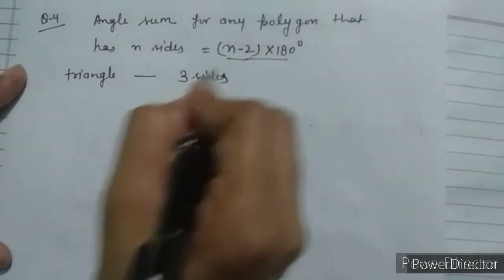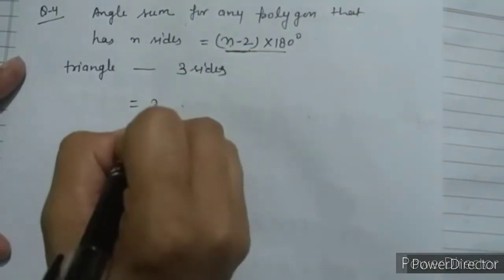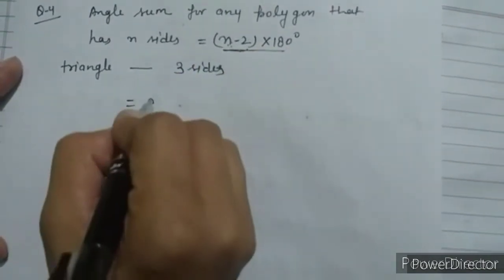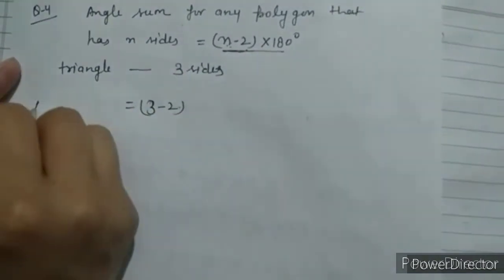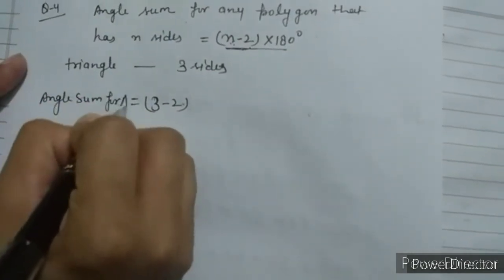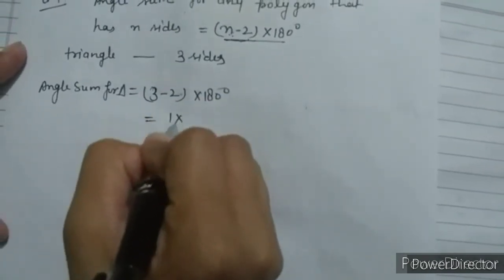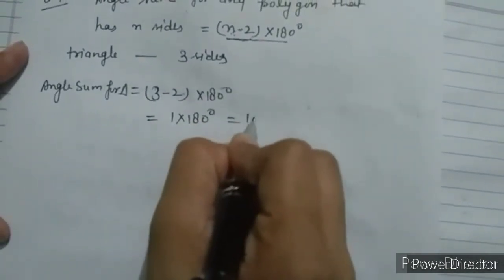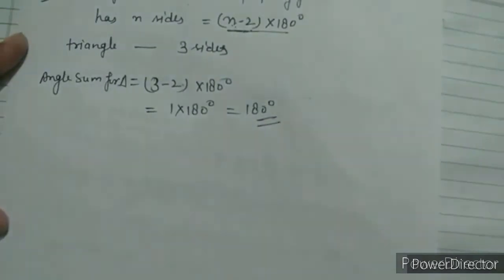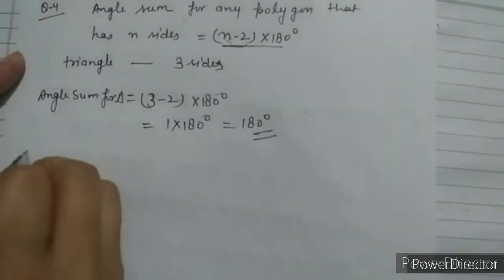If I put the 3 in place of n in this above formula, then I have angle sum for triangle: 3 minus 2 into 180 degree, that is 1 into 180 degree, that is 180 degree. Right? Now we will do A part.